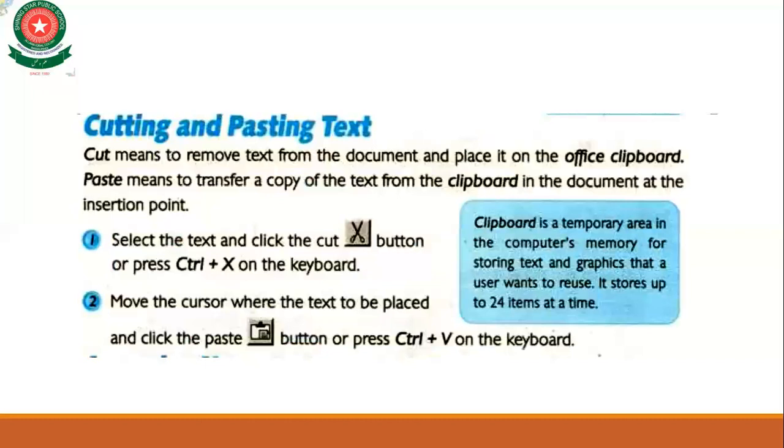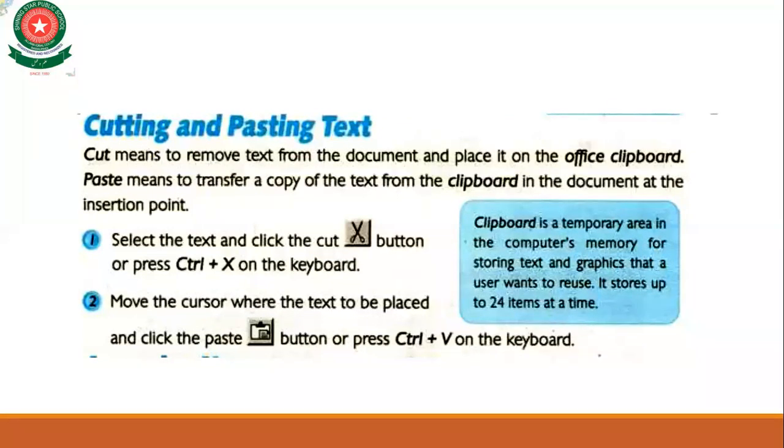What is cutting and pasting text? Cut means to remove the text from the document and place it on the Office Clipboard, whereas paste means to transfer a copy of text from the clipboard to the document. If you want to cut any word from a sentence, then you select the text and either click on the Cut button or press Ctrl plus X on the keyboard.